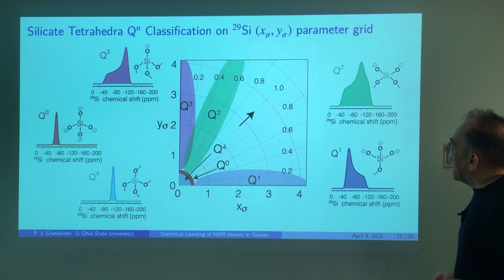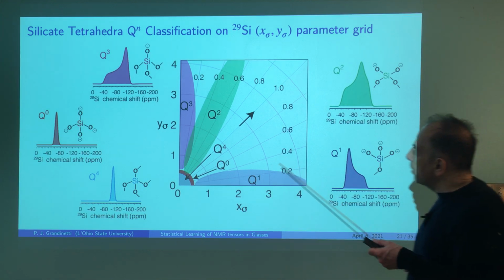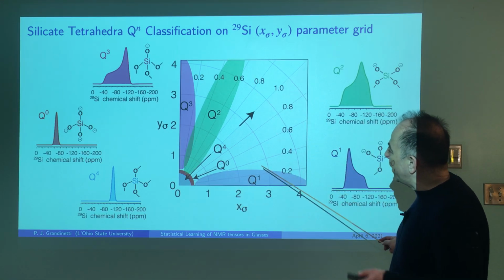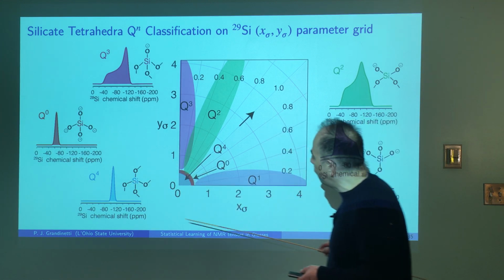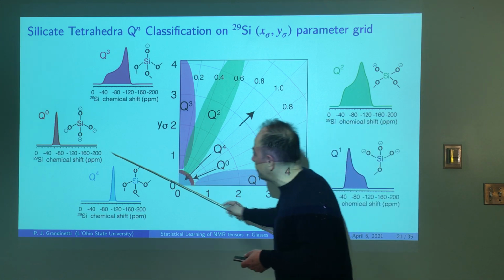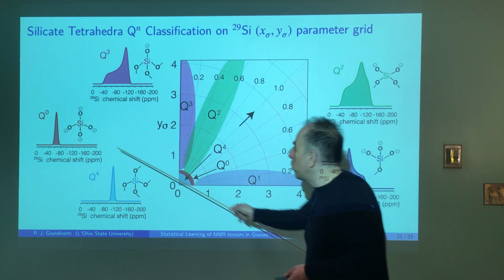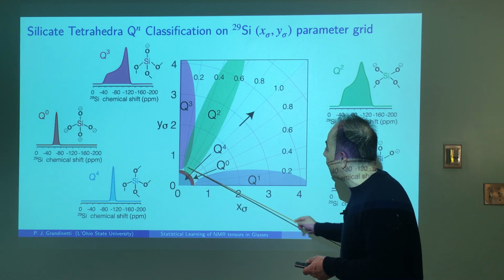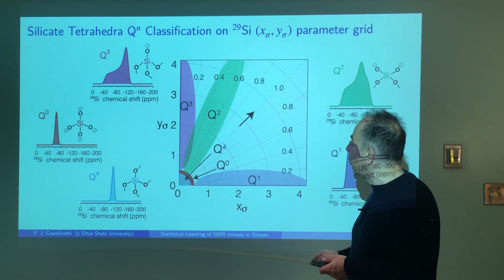Now, back to the glass problem. If we're going to look at these different Q species, their anisotropies are going to live on this XY grid. The way they'll appear is that the Q0 and the Q4 will show up down here near the origin, and it turns out that we're often finding more disorder in Q0, so Q0 tends to stick out a little bit further than Q4 from the origin.